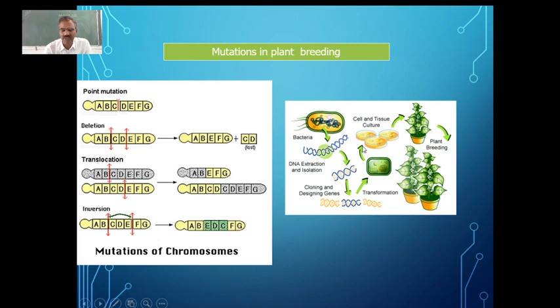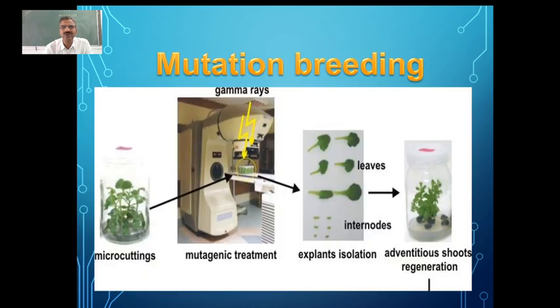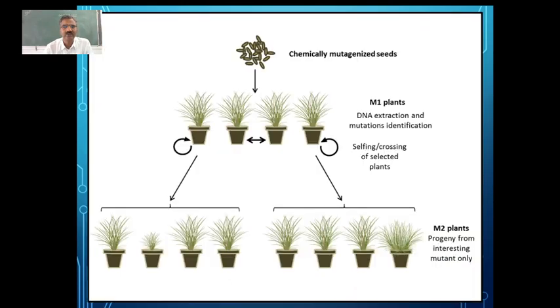So like this we can go for mutation breeding, where we change the genome by using mutations. It can be done immediately. This mutation breeding is very fast when compared to conventional breeding. That is an advantage of mutation breeding. For that we have to use some mutagens.